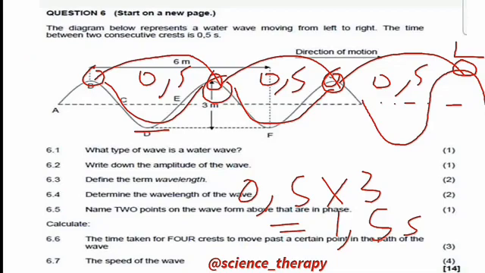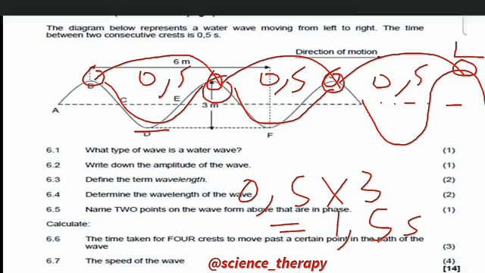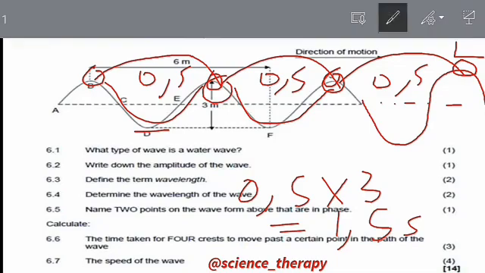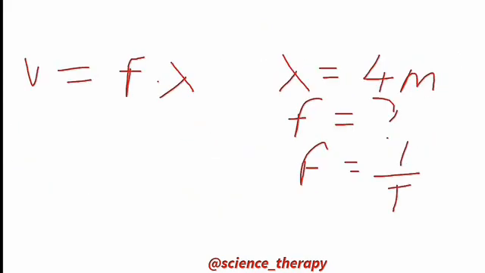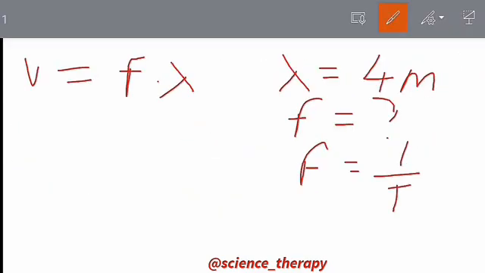Now we know 2 consecutive crests will give you the wavelength because 2 consecutive crests form a wave. Now that means our period is 0.5. So we have 1 divided by 0.5, which gives us 2 hertz.